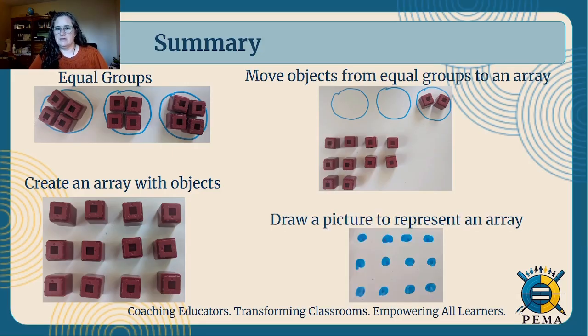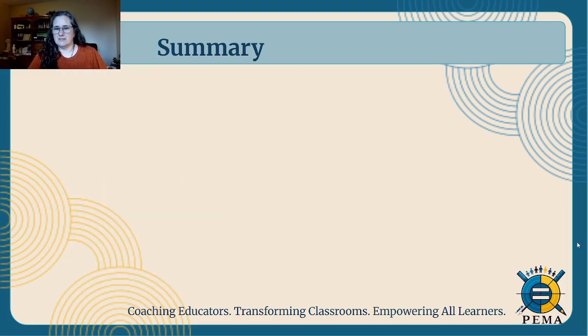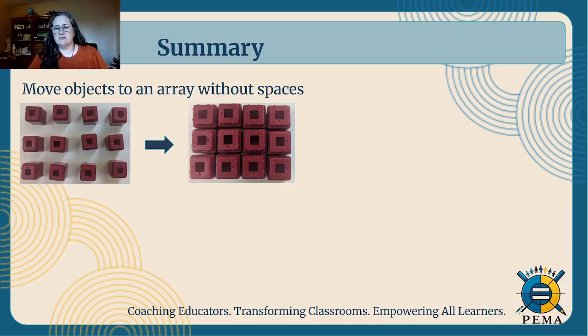Students also learn to take that array that they created with objects and draw a picture to represent the array. As they move to a more complex representation, students might go back to that array of concrete objects and move them together to show an array created without any spaces between the objects.